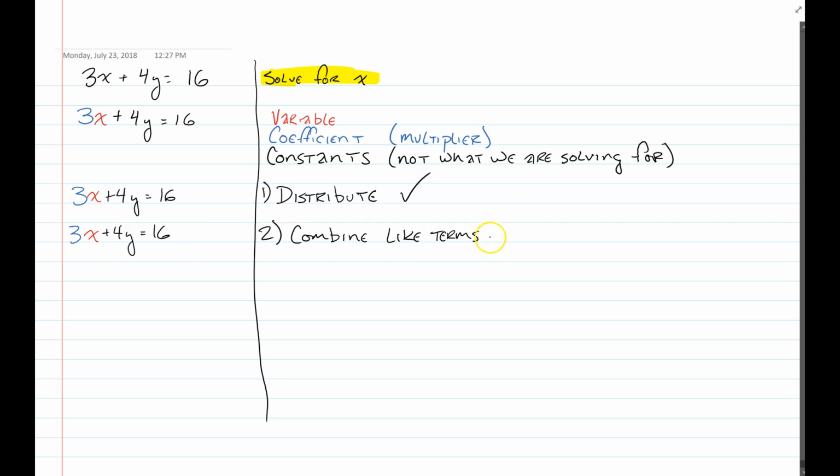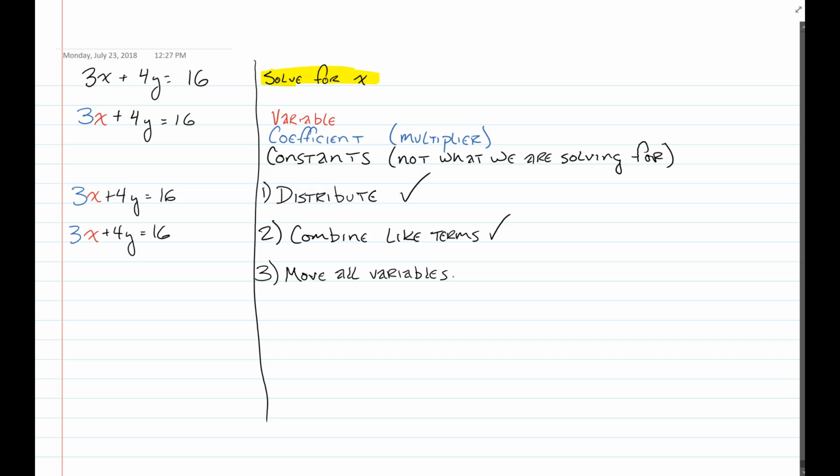And in this case, well, great, we're done. We don't have to do any of that either. Step 3, as you'll remember, is to, well, let's use a better term than isolate in this case, is to move all variables to one side of the equation.